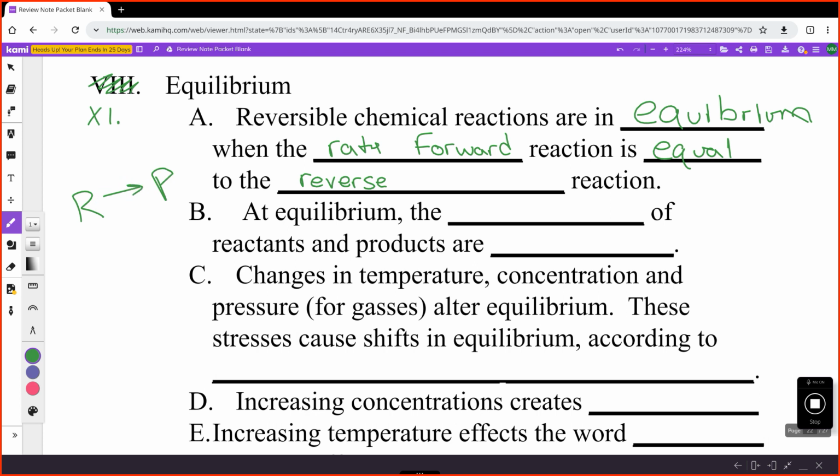Every time a reaction goes this way, at an equal rate, something goes backwards. That's the first stipulation that you have to have. And if that's the case, if reactants go to products, at the same time products go to reactants, then the concentrations are constant.